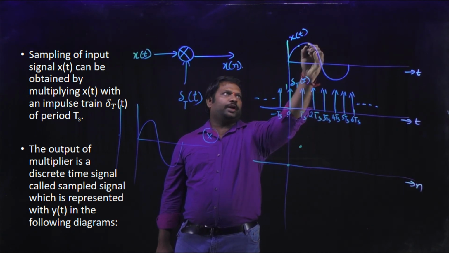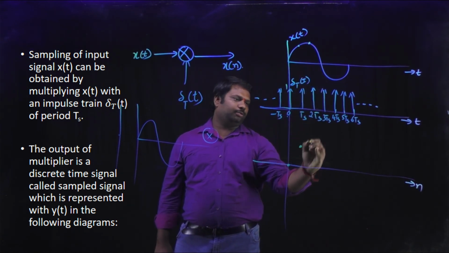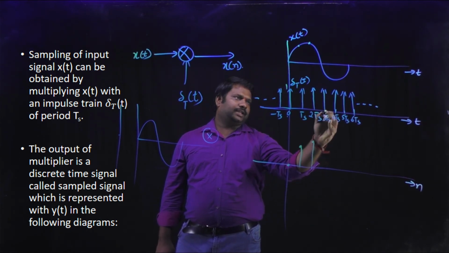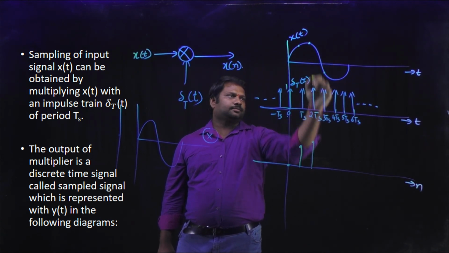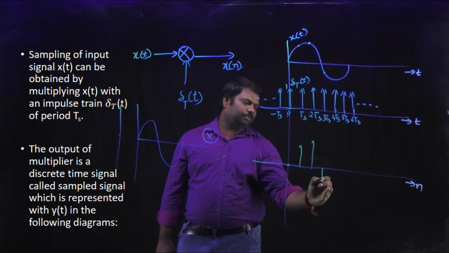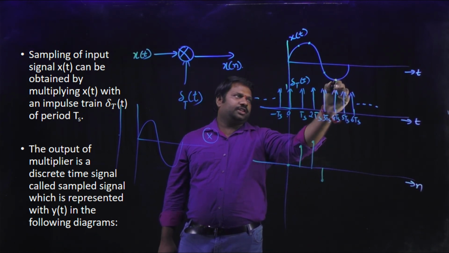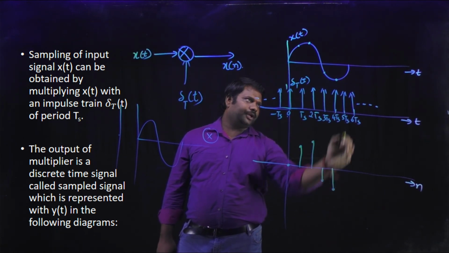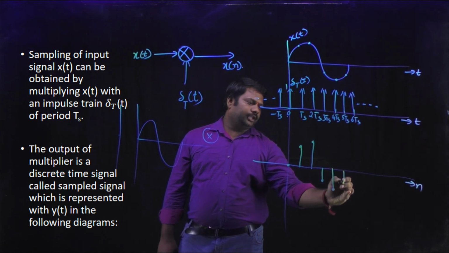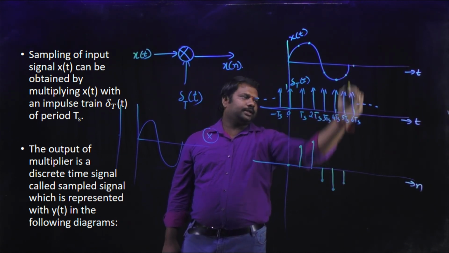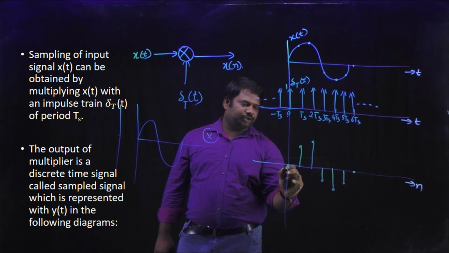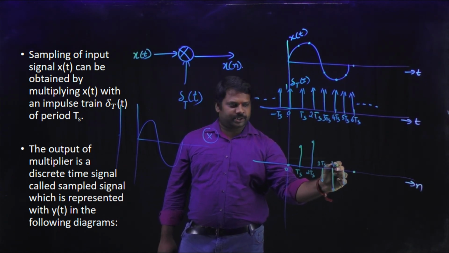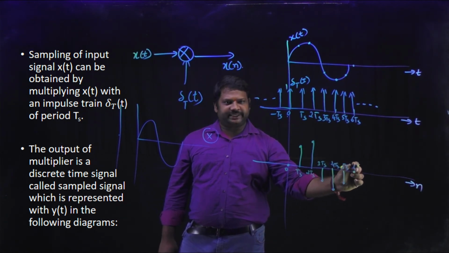At 2ts, the same, and at 3ts the sample is here. Like that, samples are produced, for 0, ts, 2ts, 3ts, 4ts, 5ts and 6ts.